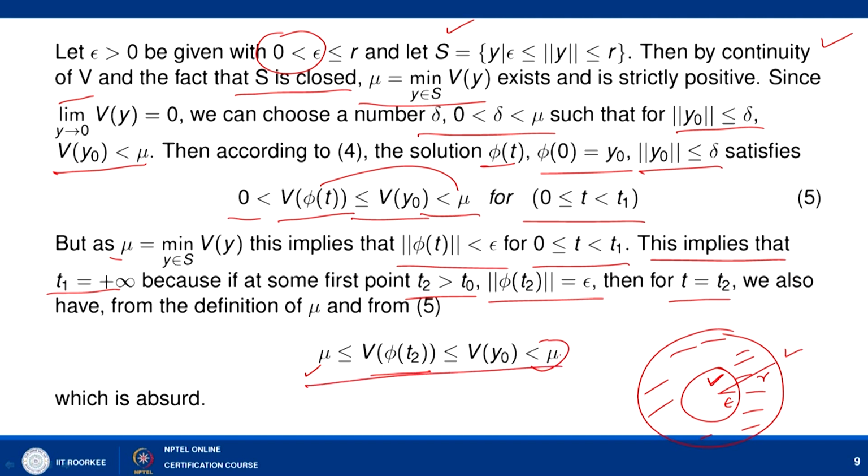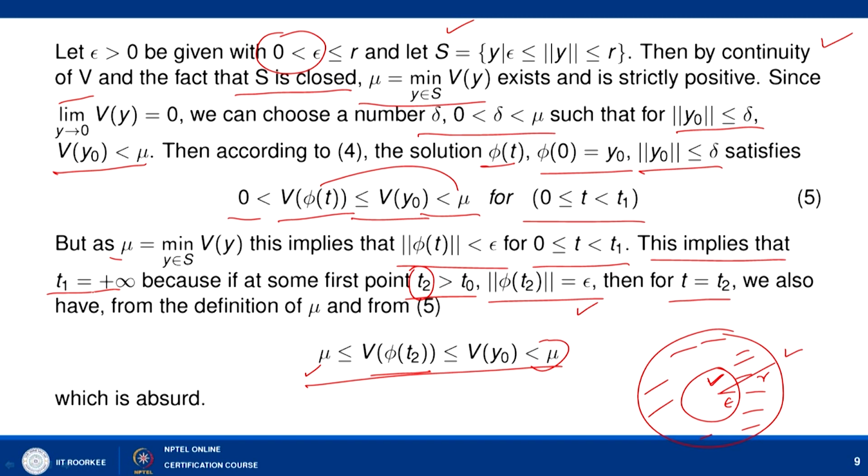So, it means that we cannot have any point t2 where norm of phi t2 is equal to epsilon. So, it means that norm of phi t is less than epsilon, and this t1 is all the time plus infinity.